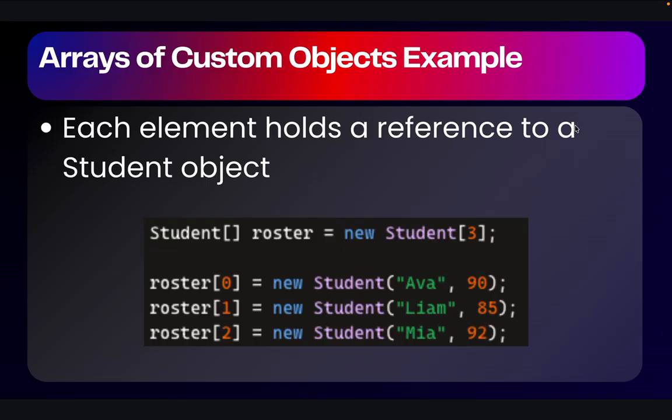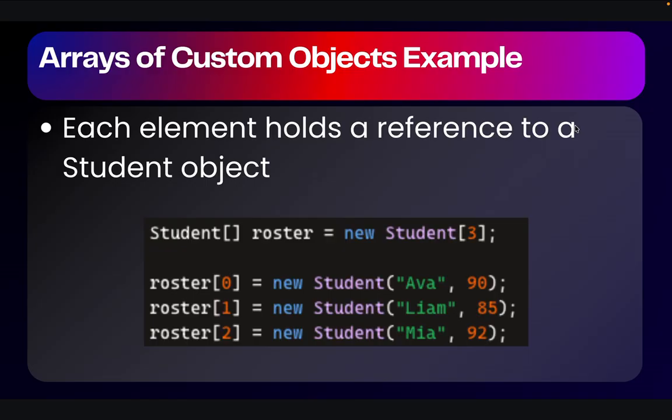It does not have the values in the array until you assign or create the objects, which we are doing with the actual array in its index position. So if you see here, we're then using our array name, which is roster, and we're specifying where each object is going to go inside of that array. So at the first position of roster, we want a new student called Ava, and this is her information.